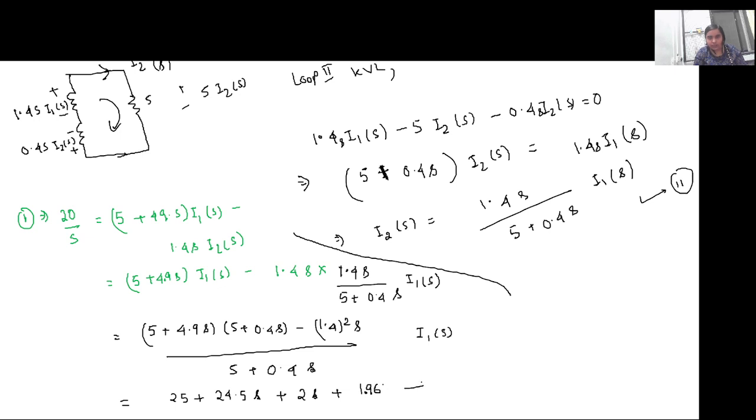And this will be s square, since this s and this s multiplied make s square.